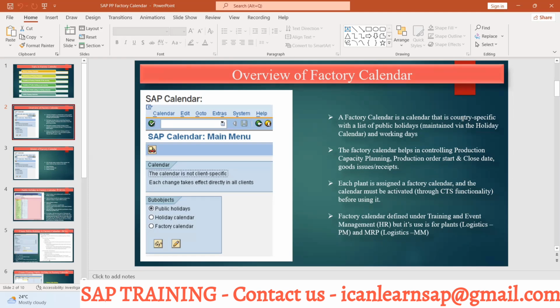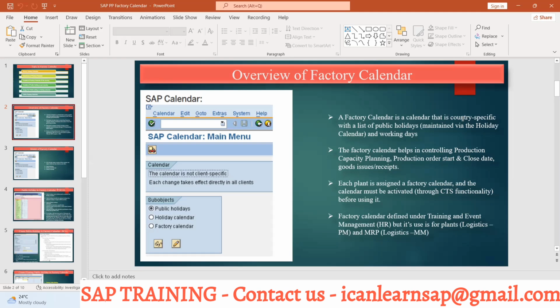The factory calendar is defined under training and event management. The factory calendar can be maintained by human resources, the HR department, because they are supposed to release the dates on which the factory will have a working day or a holiday.